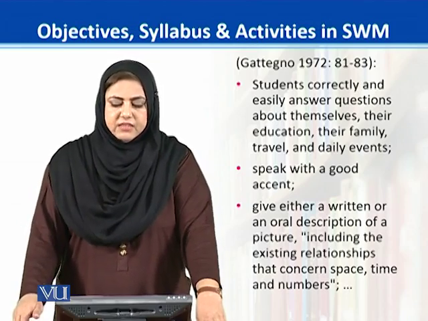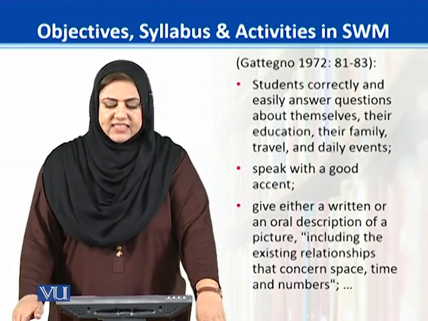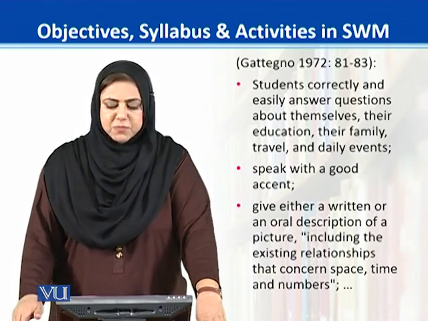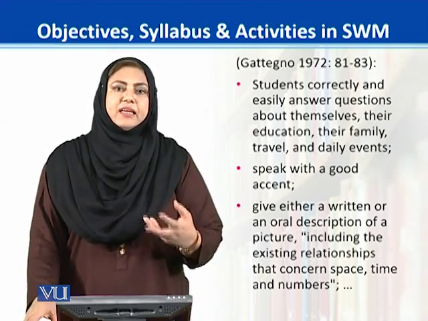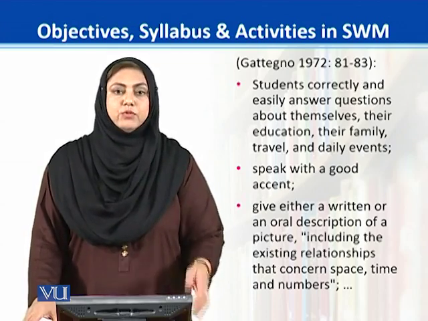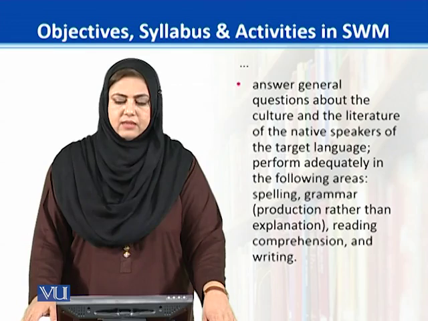And another objective is to give either a written or an oral description of a picture, including the existing relationships that concern space, time, and numbers, etc. So practically preparing the learners to use language for all the everyday life purposes.